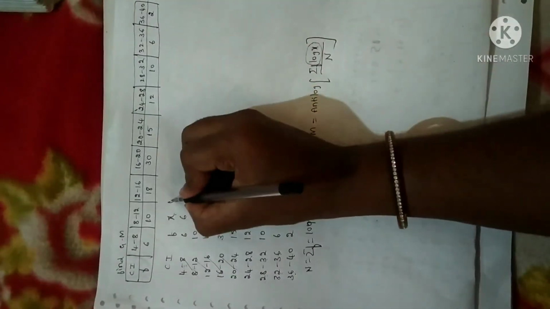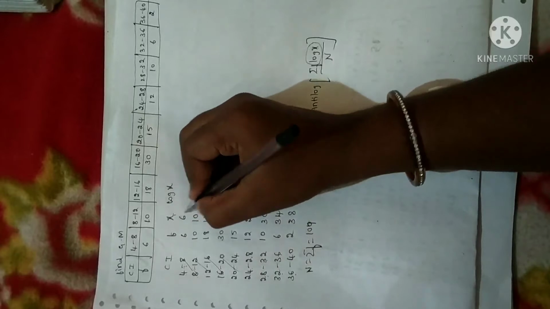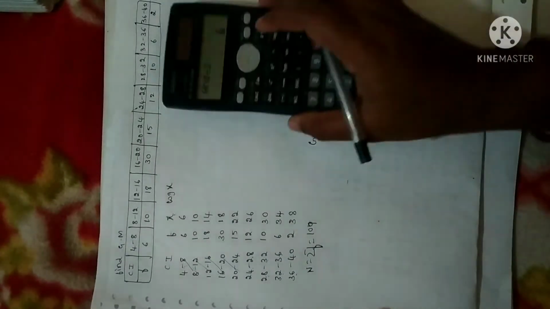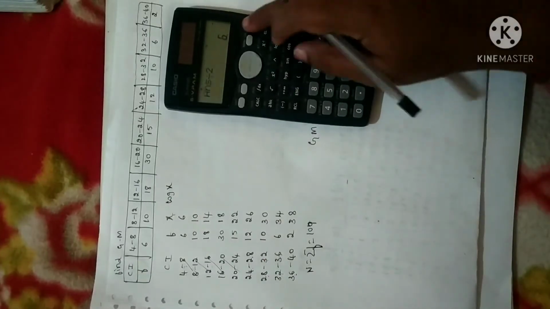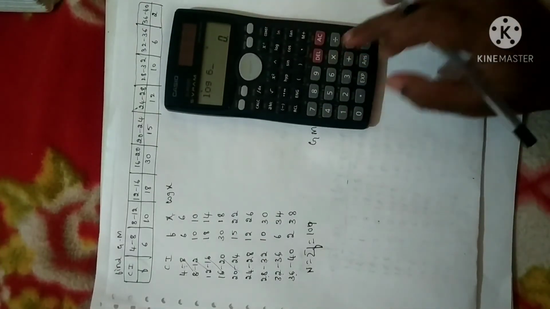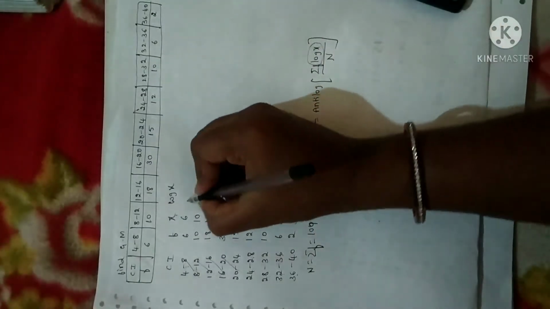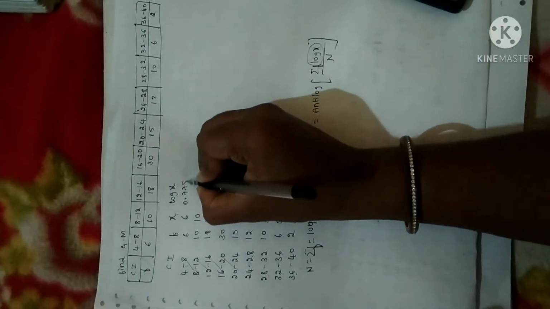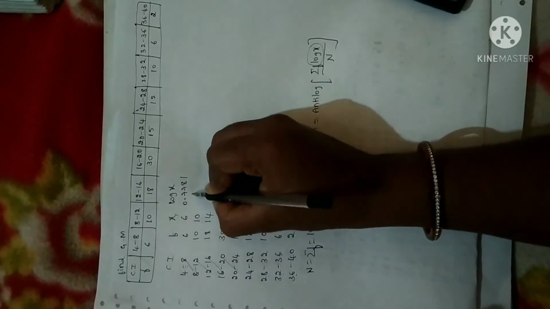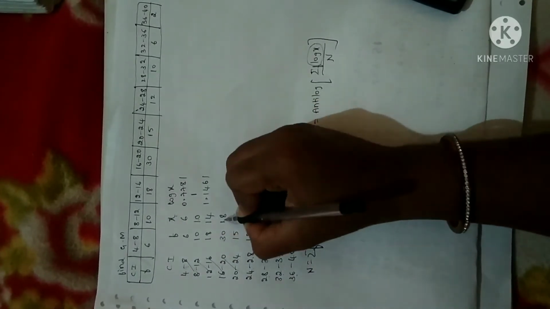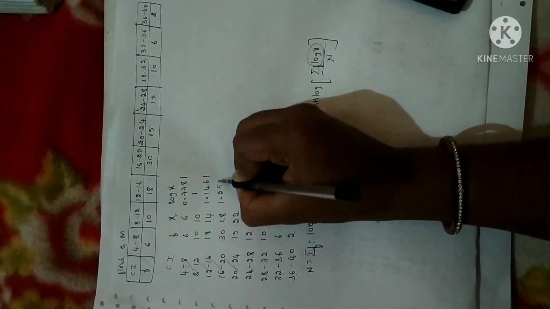Now what else we need to find is the log x value. So let me find log x. Whatever x values we have, apply log to them. Log 6 gives us 0.7781. Similarly log 10, 1. Log 14, 1.1461. Log 18, 1.2552.